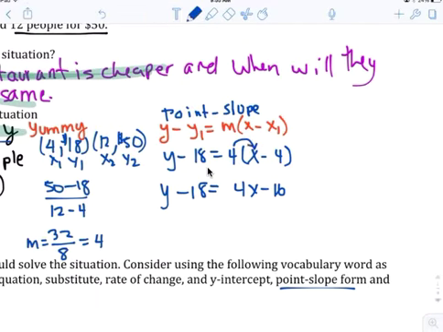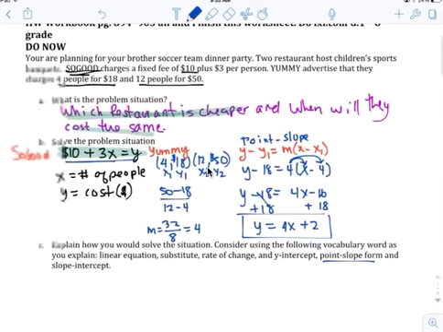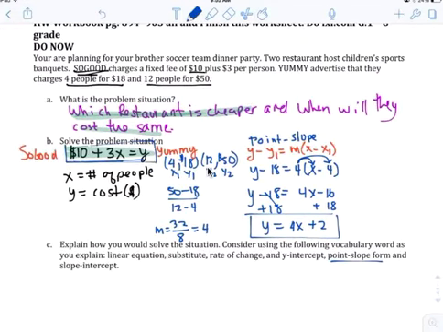You distribute, and then you add 18: y equals 4x plus 2. This equation is now in slope-intercept form. Compared to the other, who's cheaper in the beginning? Most likely So Good, because their entrance fee is only $10, where Yummy's entrance fee is $2.